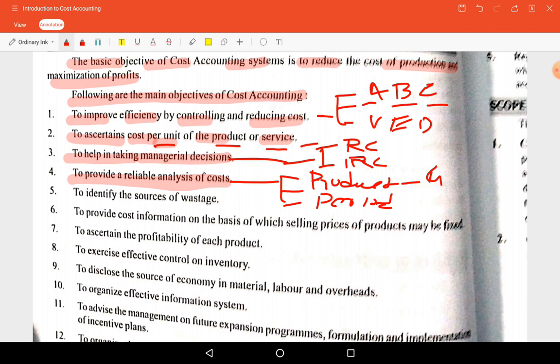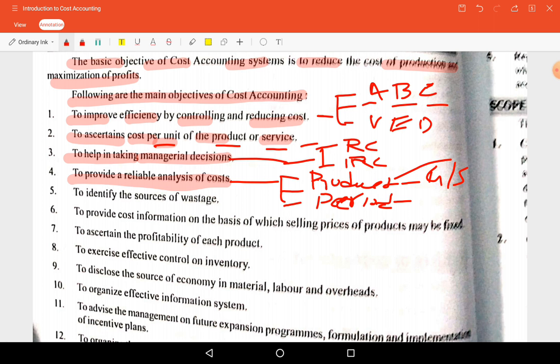Which are directly related are called production cost, which are not directly related will be called period cost. So period cost is a time-basis cost. For reliable analysis, cost accounting is helpful.